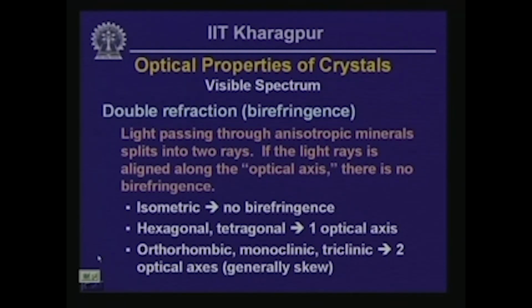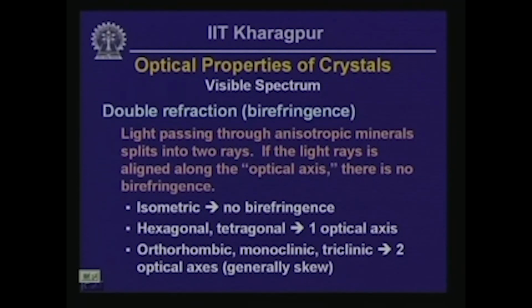The other important optical property that allows us to distinguish between different types of crystal families is double refraction, also known as birefringence. What is meant by birefringence is that if you allow light to pass through an anisotropic mineral, then light rays are going to split into two rays.